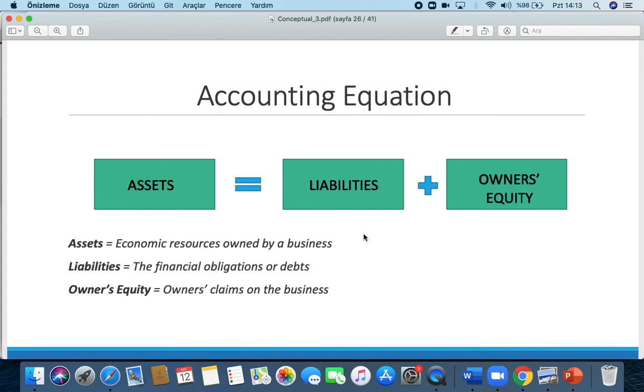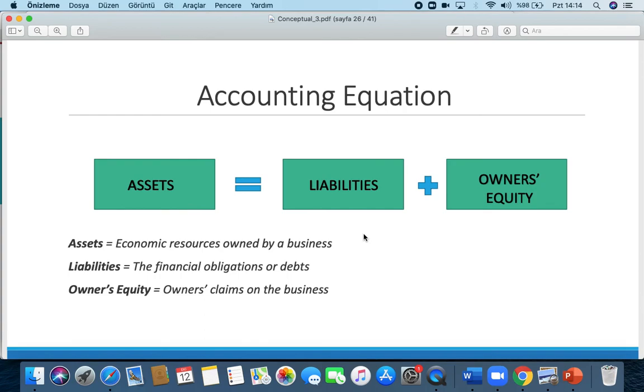You're not going to forget about this equation. At the end of the day, everything should be in balance. What you have inside will be equal to what you pay outside. Or what resources you have should be equal to the finance of these resources.